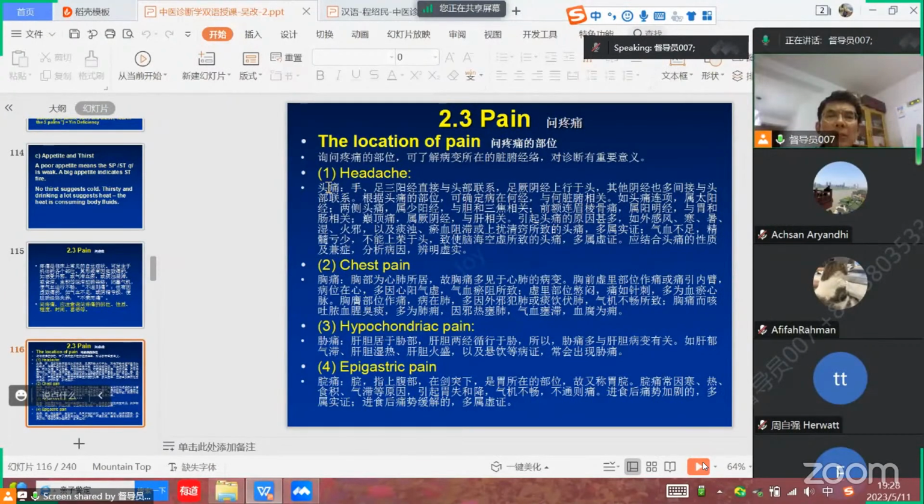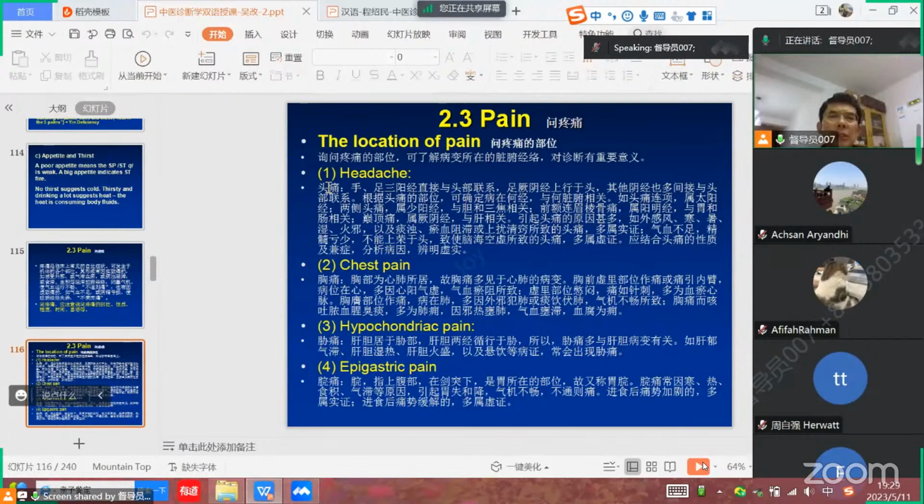Also for headache, sometimes it is not only the region but also the property of the headache. There is a new disease headache, for example common cold or influenza, which can cause headache, no matter wind, cold, wind, heat, dampness, fire, or summer heat.